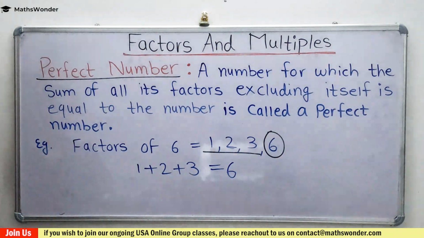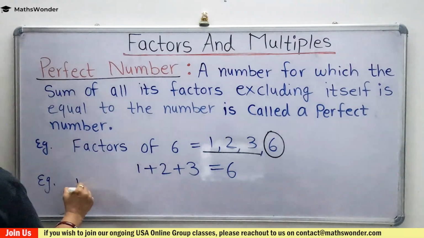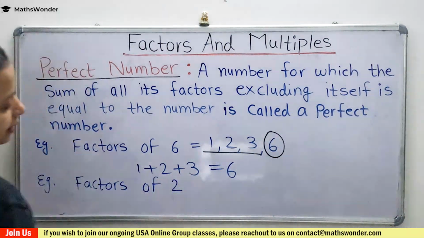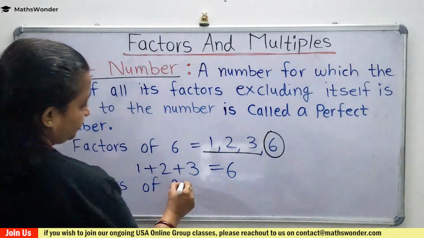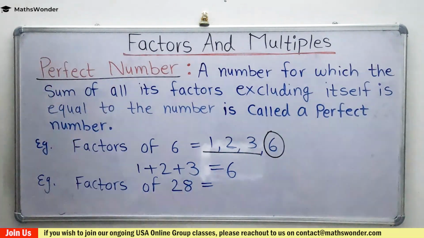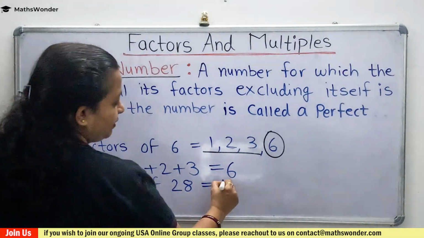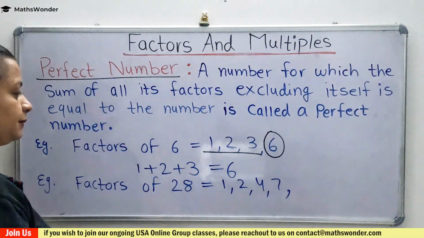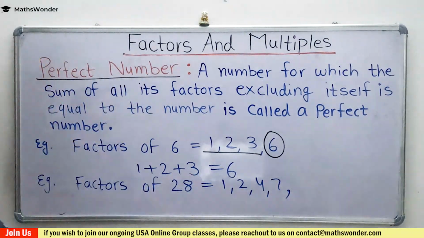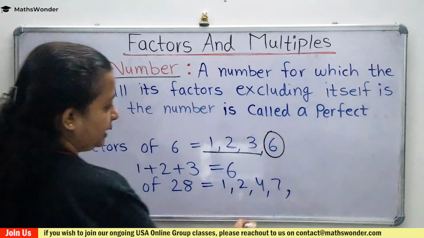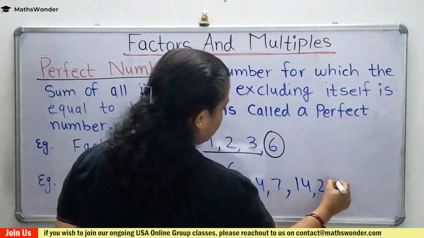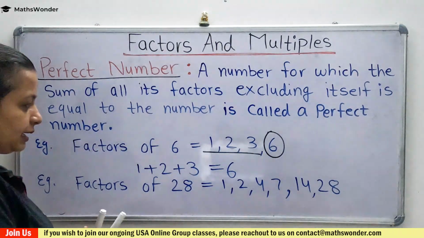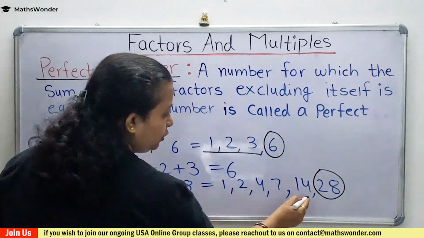Same for another example: suppose we are finding the factors of 28. Factors of 28 are 1, 2, 4, 7, 14 and 28, right? Excluding the number itself, you add these.